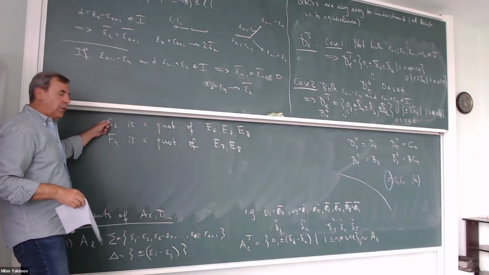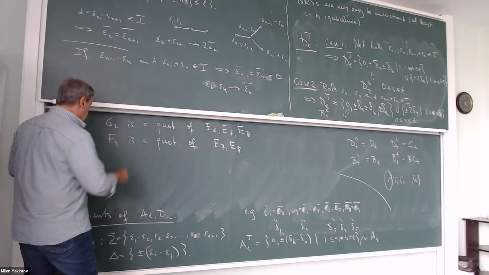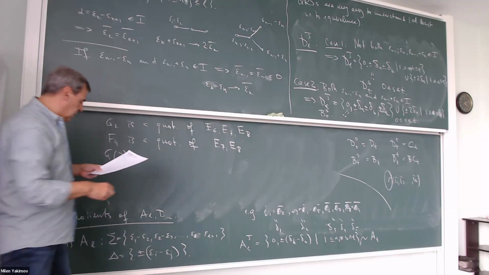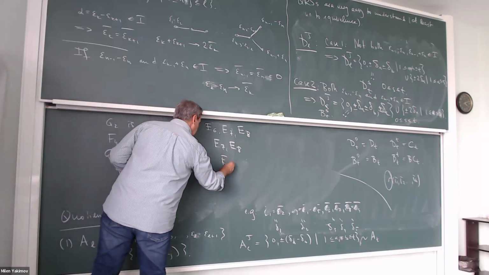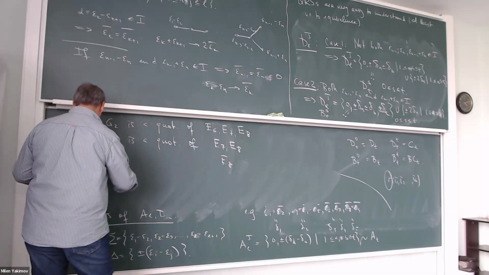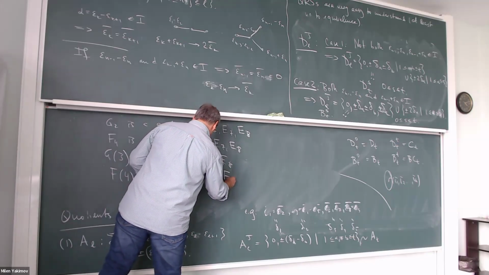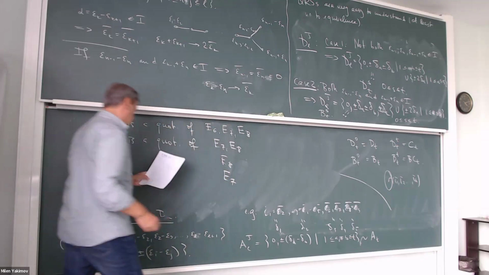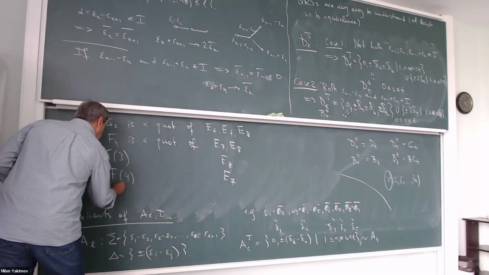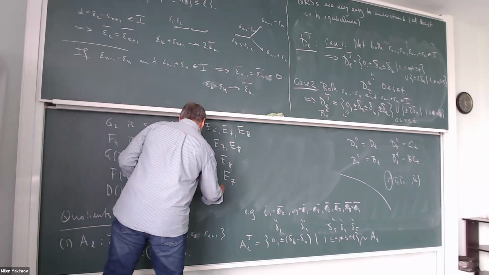G2 is also a quotient of F4, but it's not interesting. The exceptional Lie algebra F4 is a quotient of E8, again. No, E7. I don't read my notes. And G2 is the quotient of D4.